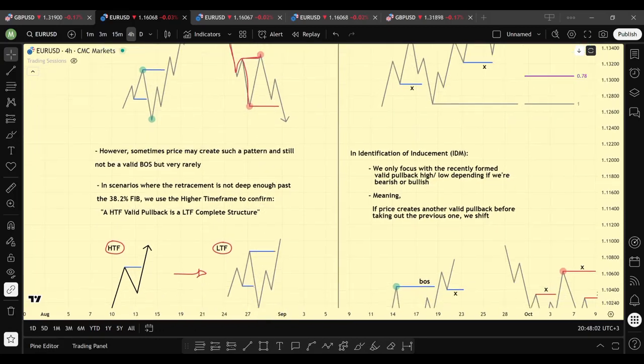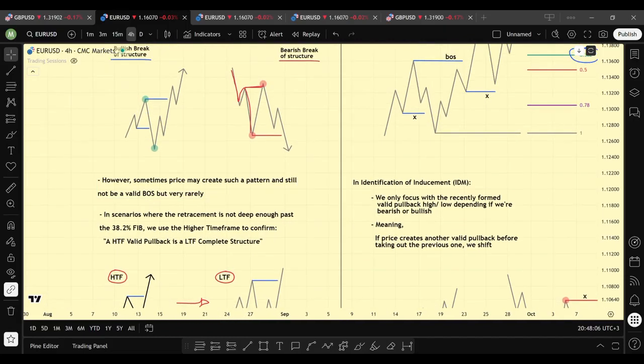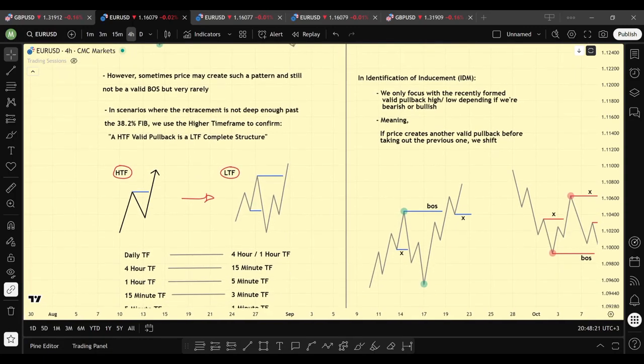But this is very rare, because most of the time if price creates such a pattern, that's a valid break of structure. But sometimes price can create such a pattern and we can still ignore it, or we can still doubt that this one here is a valid break of structure. But that is very rare.